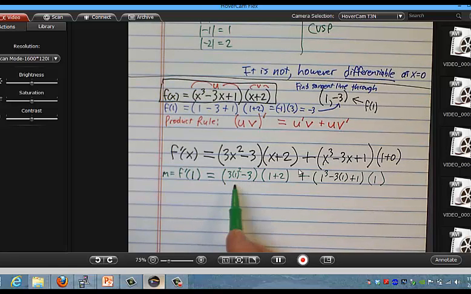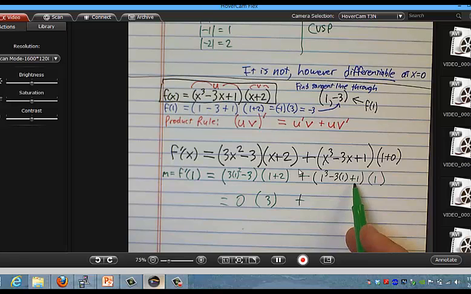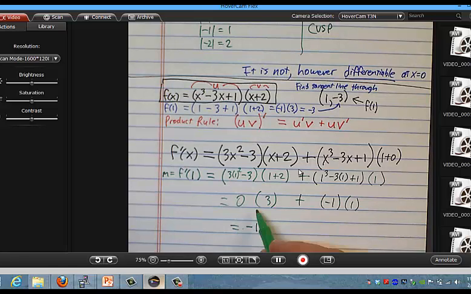That's 0, right? 0 times 3 plus, let's see, 1 minus 3 is negative 2 plus 1. I think I get negative 1, right? So I think you just get negative 1, because you get 0 plus negative 1, so you get negative 1.